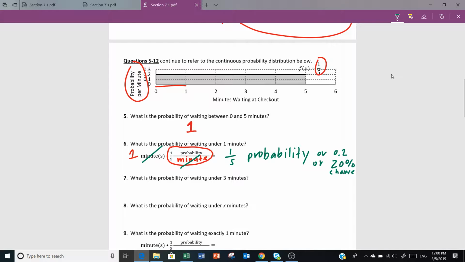So how many minutes are passing? 1 minute. 3 minutes.